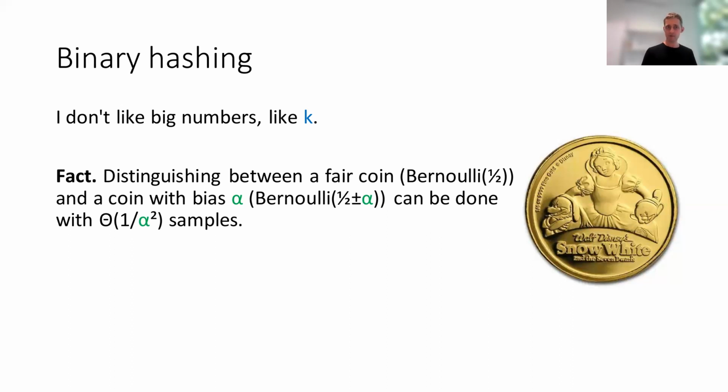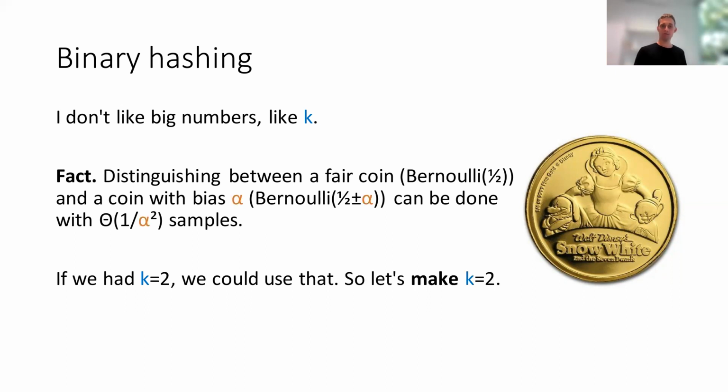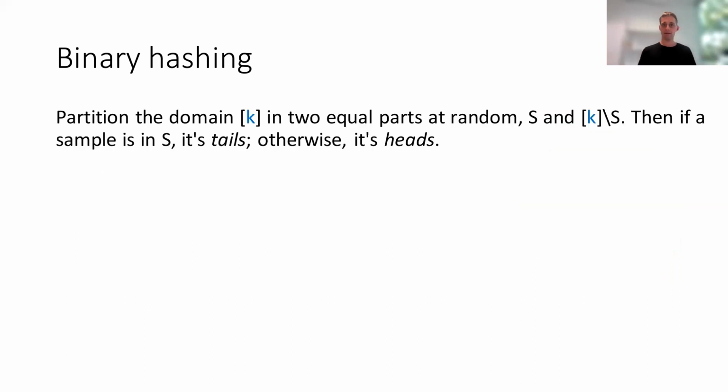And there is a very simple way to reduce our problem to this one. We have a big domain, but we can just divide it into two and see what happens. So partition the domain randomly. You just take a random partition of the domain in 2.